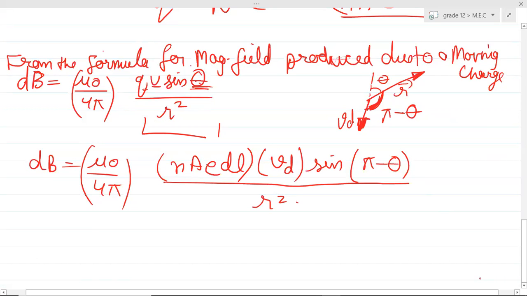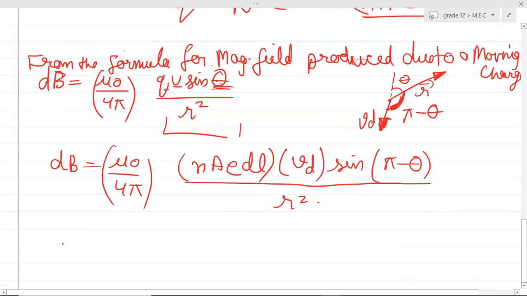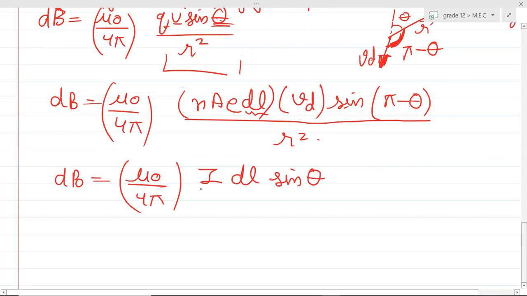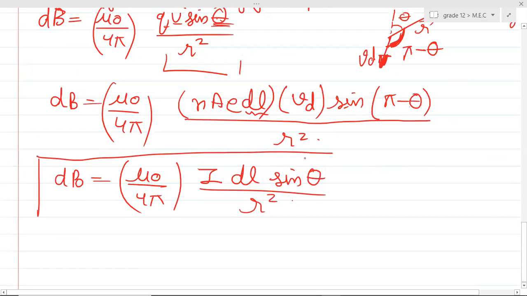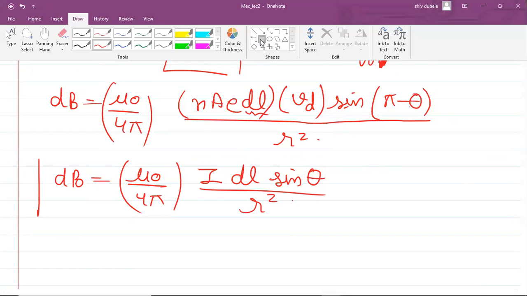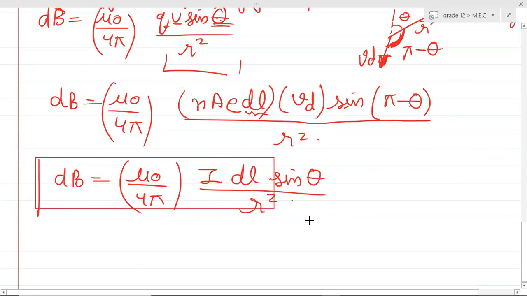What is nAe vd? Current. So basically the magnitude is mu naught by 4 pi I. This dl will remain. So dl sine of pi minus theta is basically sine theta divided by r square. This is the magnitude of your magnetic field using Biot-Savart's law. This is your Biot-Savart's law basically.